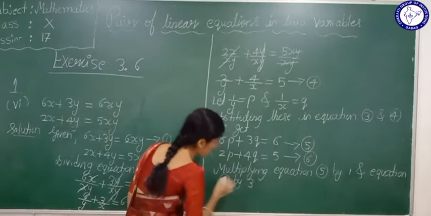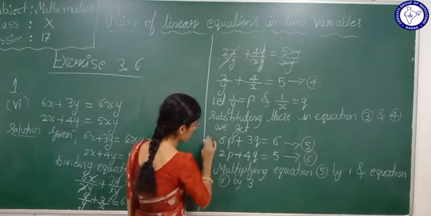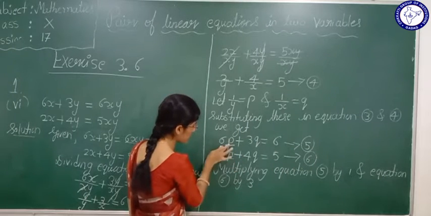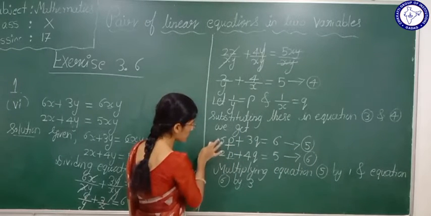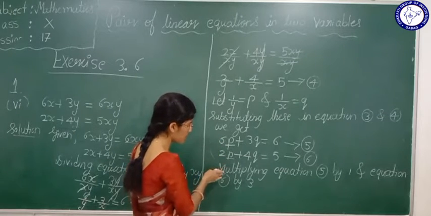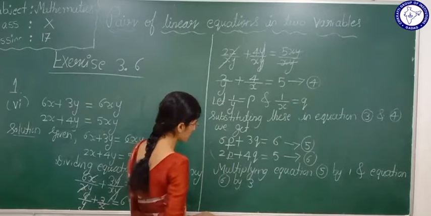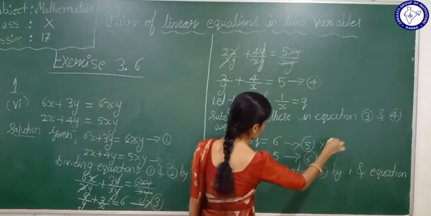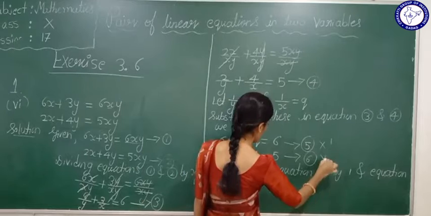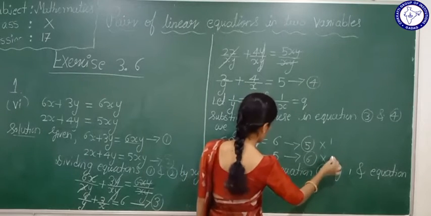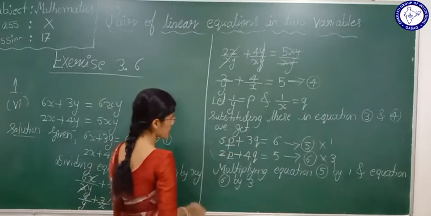Why have I done it like this? Because I want to eliminate p here. To eliminate p, the p coefficient should be the same. To make the p coefficient the same, I am multiplying equation 5 by 1 and equation 6 by 3. If I do like this, what am I going to get?